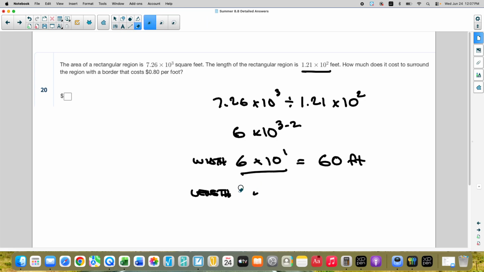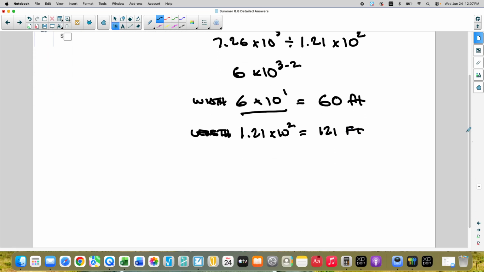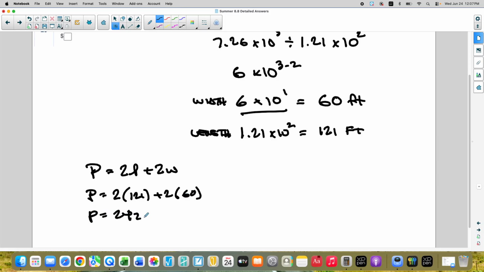The length was 1.21 times 10 to the second, which equals 121 feet. So the perimeter is going to be 2L plus 2W. Perimeter equals 2 times the length, 121, plus 2 times the width, 60, which is 242 plus 120.